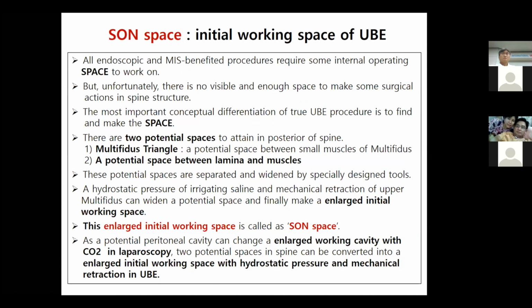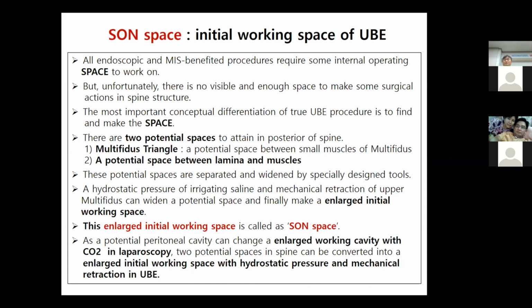This is a new main concept of UBE. If you have enough initial working space in UBE, the next step is the same as microsurgery. So we must understand the initial working space in UBE. We call this the zone space. All endoscopic and MIS procedures require some internal operating space to work in.